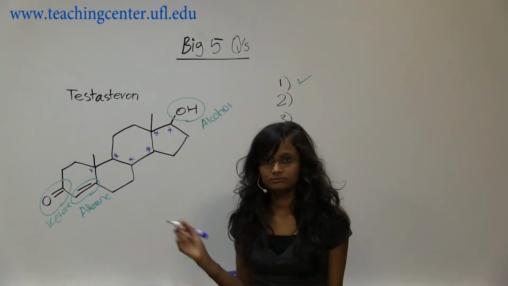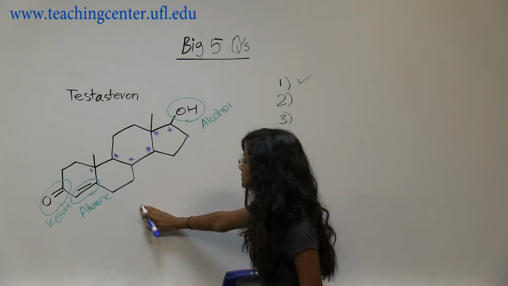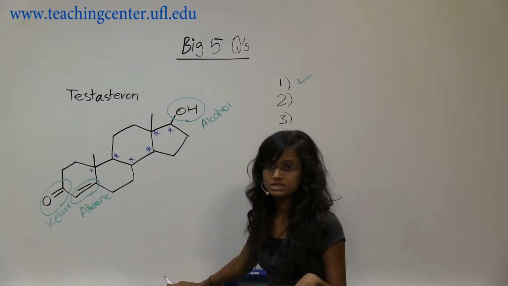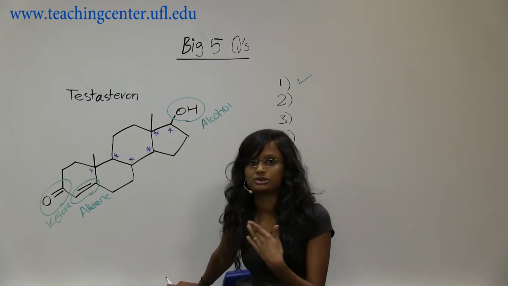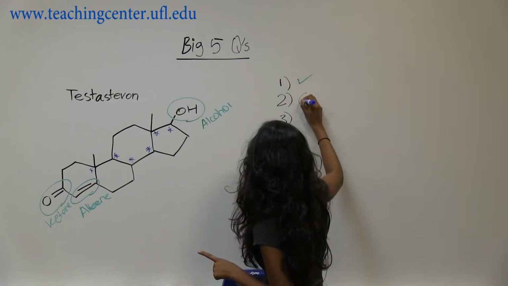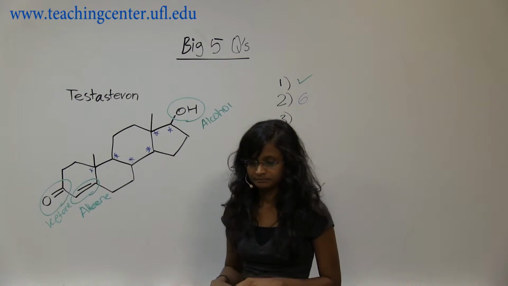Okay, so you just gotta go through it. Whichever carbon has 4 different things and no symmetry around it, you have to pick that carbon as being chiral. So you have 6 chiral carbons. So that's the answer for number 2.